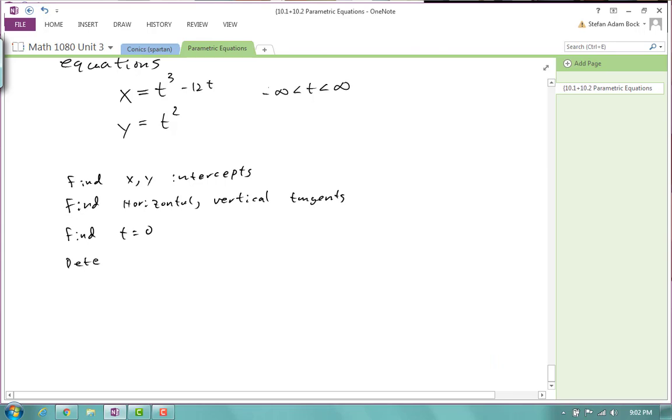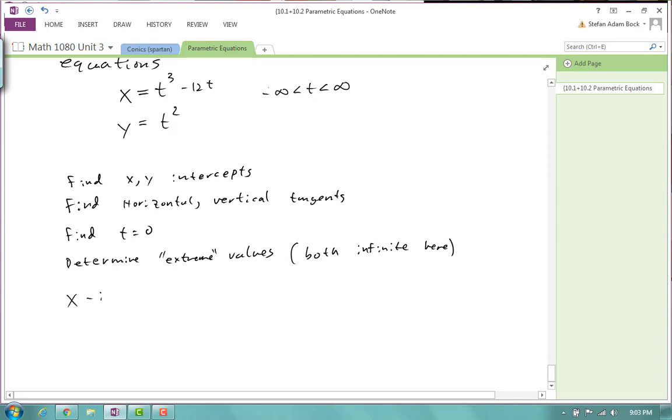But I'd also like to determine extreme values. I want to know what happens when t goes off to infinity. Well, I already know what happens. If t goes to infinity, both x and y are going to go off towards infinity. And the same thing for negative infinity. They'll both be infinite, but the y will be positive. Because I don't have finite endpoints for my t interval.